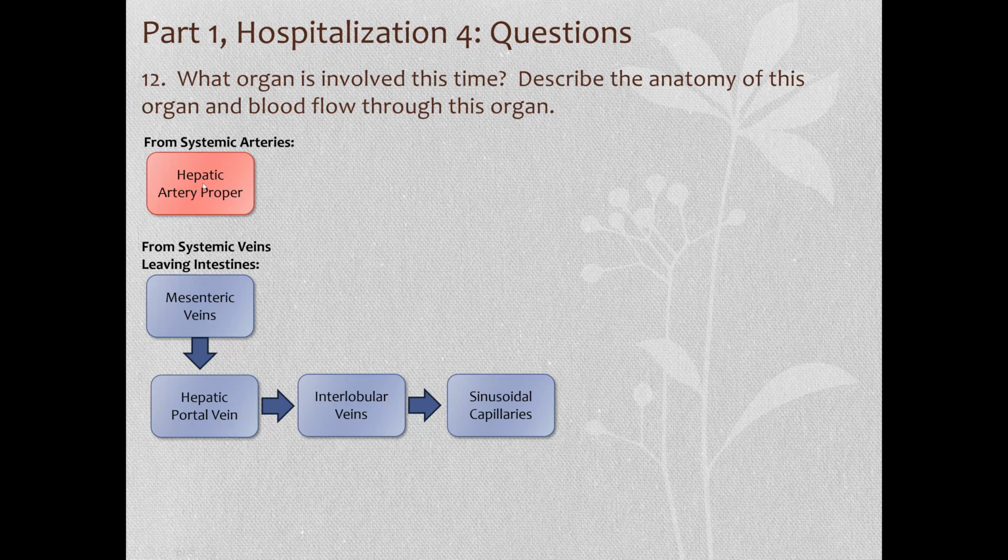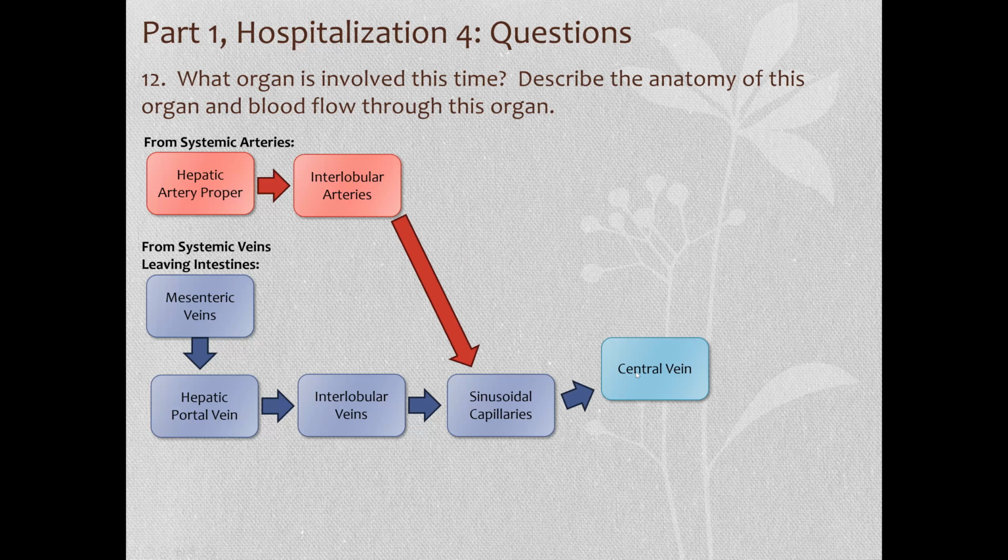Meanwhile, we also have oxygen-rich blood from systemic arteries coming into the liver through the hepatic artery proper, which also branches into smaller and smaller branches inside the liver until it gets to an interlobular artery at one of the portal triads, and then this blood is also going to be dumped into the sinusoidal capillaries. All of this blood is then going to flow through the liver lobule to the middle central vein. Then after all of the central veins come together, they will form the hepatic veins that leave the liver, which will take the blood to the inferior vena cava, where it will be returned to the heart, the right atrium specifically.